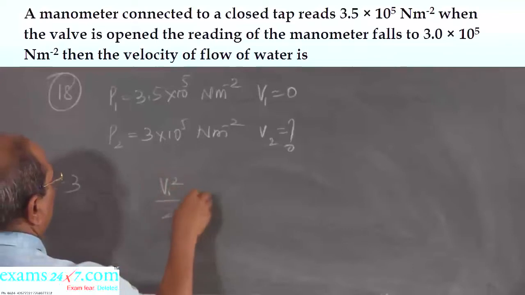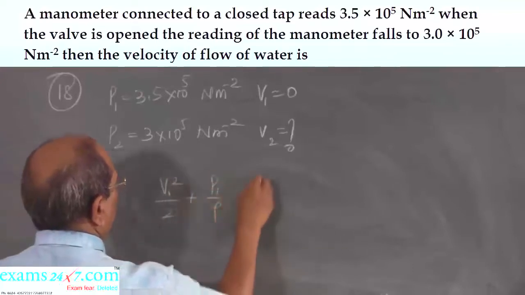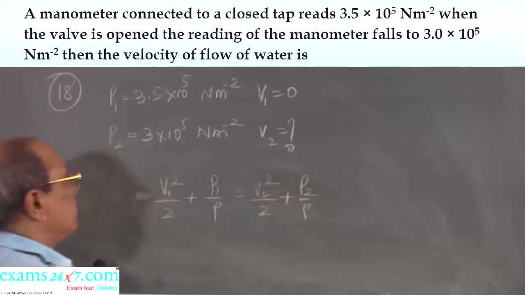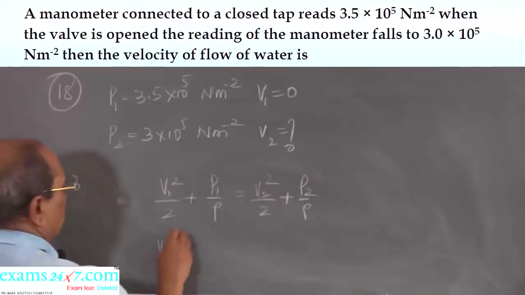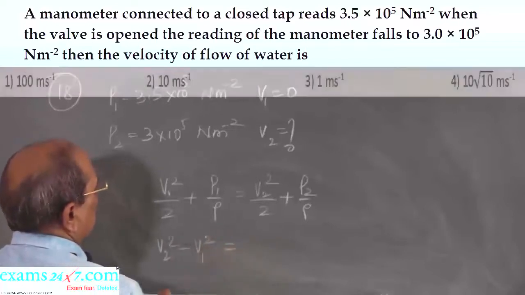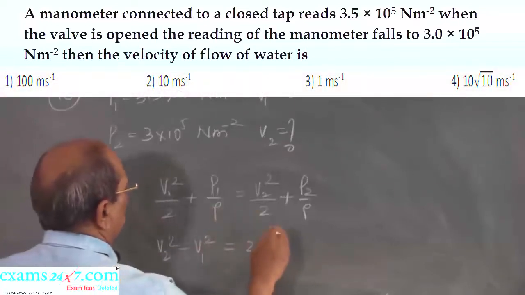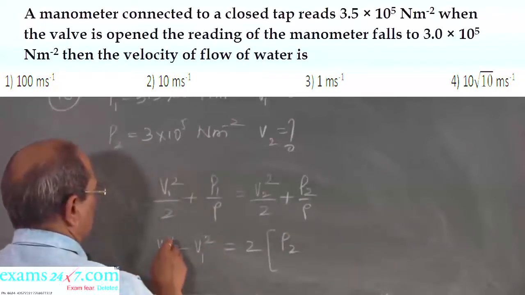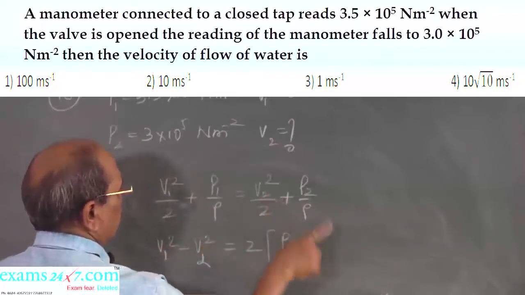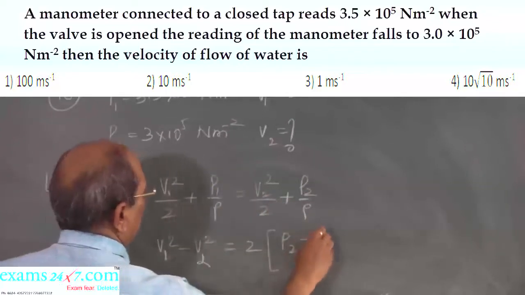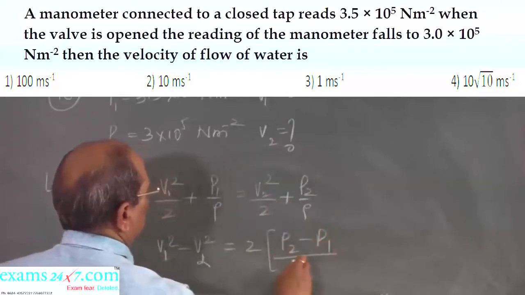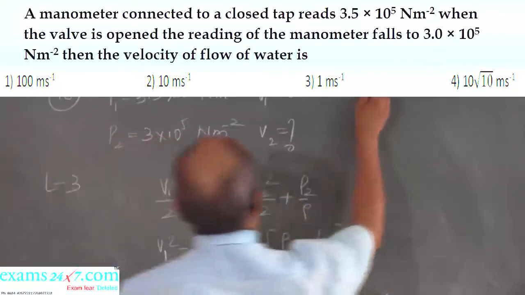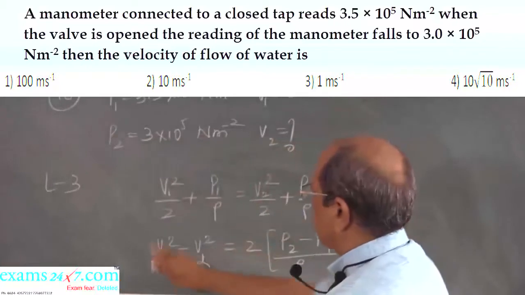V1 square by 2 plus P1 by rho is equal to V2 square by 2 plus P2 by rho. V1 square minus V2 square is equal to 2 into P2 minus P1 divided by rho. V1 they given is 0.